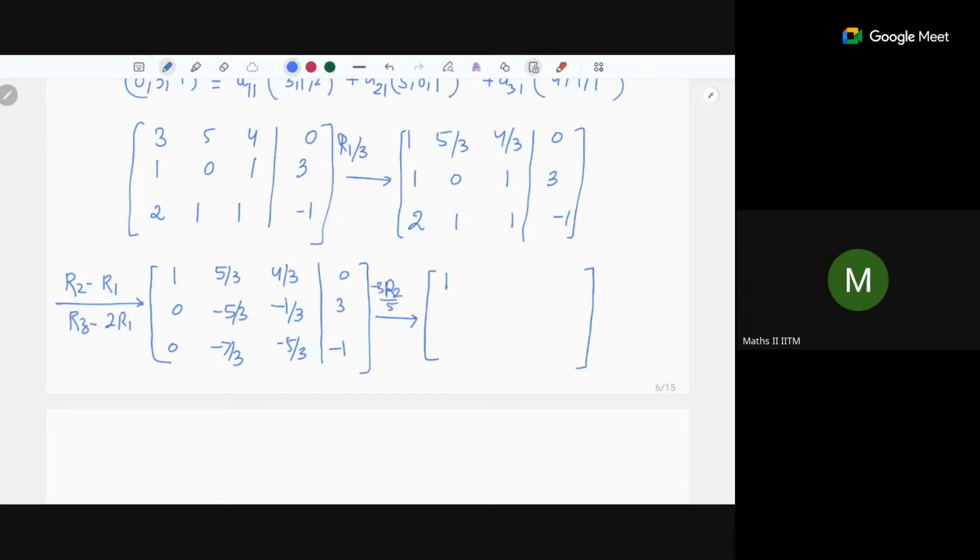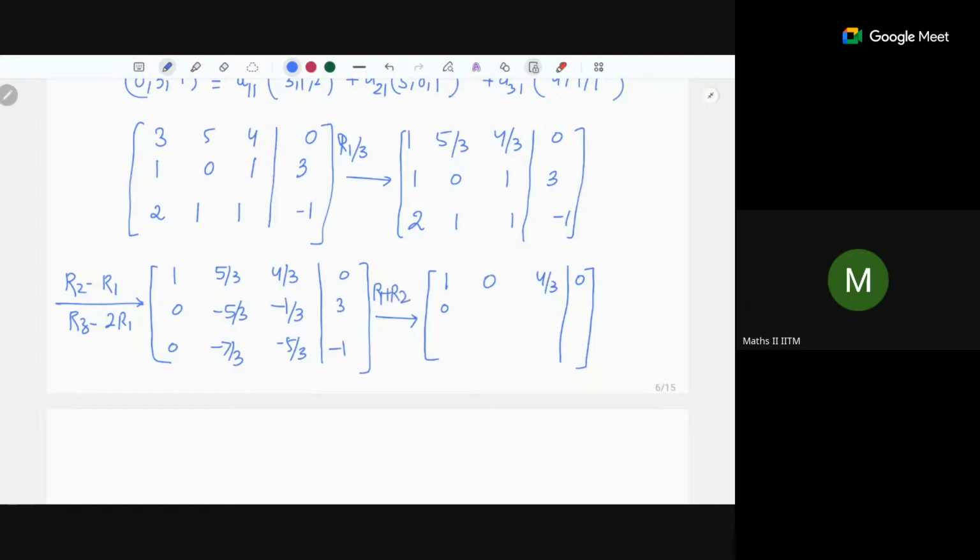We will get 1, 5 by 3, 4 by 3, 0, 0, 1. So we can also do R1 equals R1 plus R2. Yes, you can do that, and that will simplify things. So R1 plus R2, let's do that.